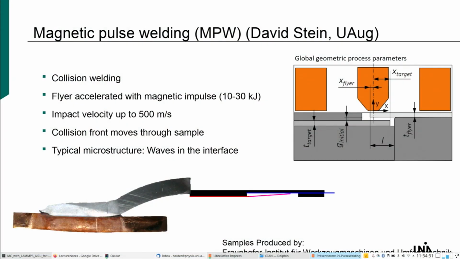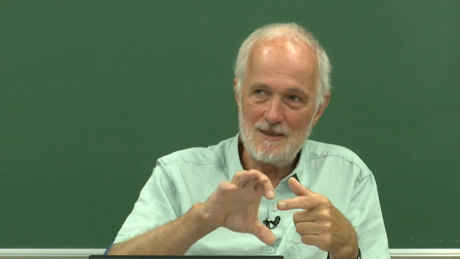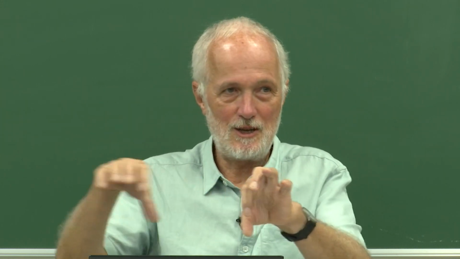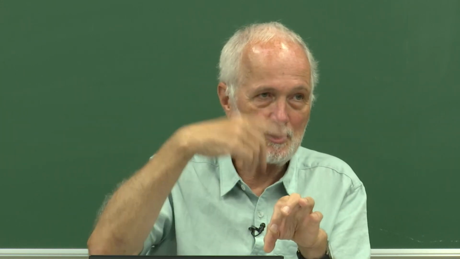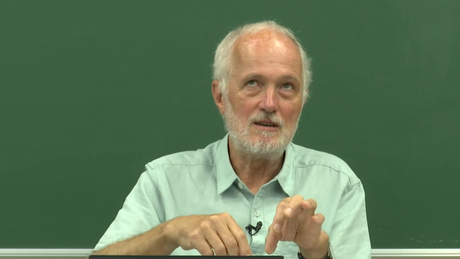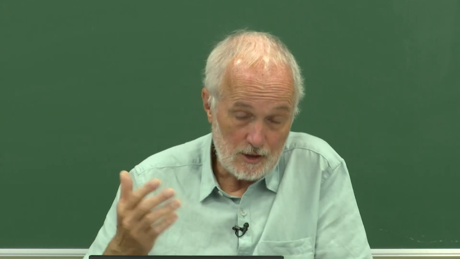So you have a repulsing field here between the iron core and the flyer, which means that the flyer is accelerated downwards and hits the target here. It's really applied for special applications, I think. One application is to join tubes. Yeah? So you have two tubes, and then you, not this geometry, you put a circular coil around it, and then you can, with one shot, join these two tubes, and you get very good connections there.